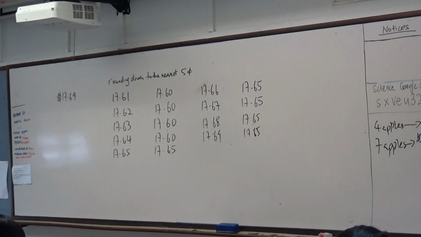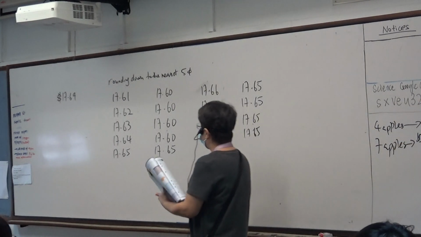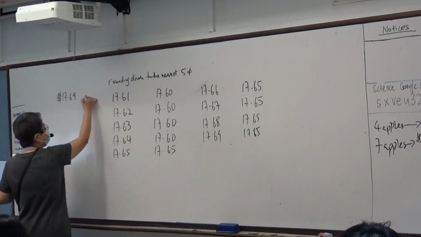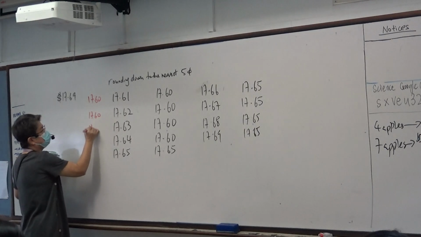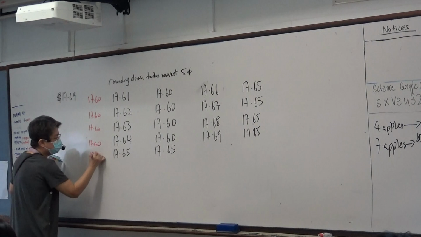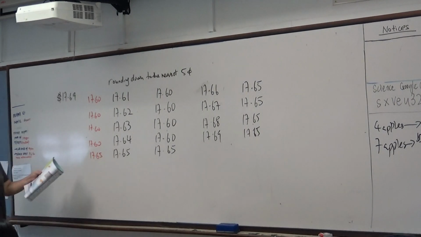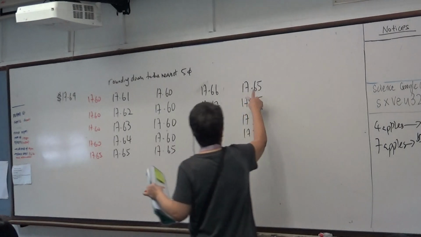Now, what do you mean by rounding off to the nearest 5 cents? That means this one will be 17.60, and this is still 17.65, right? Correct. The 5 cents mark. But how about here?